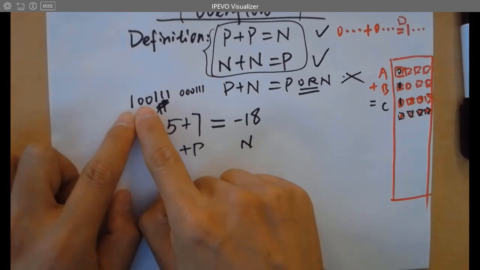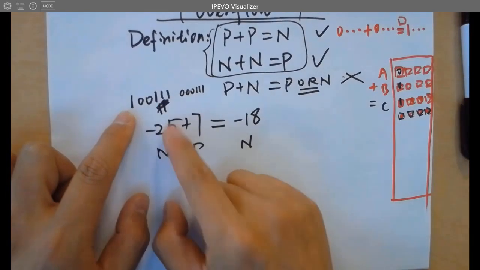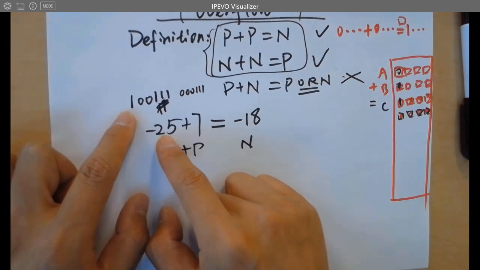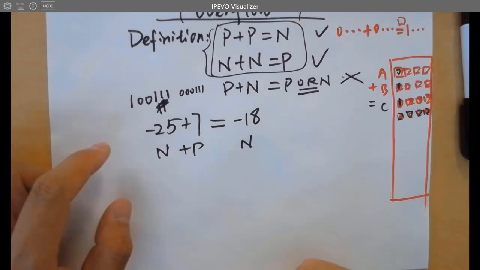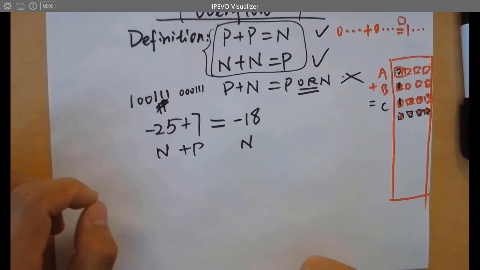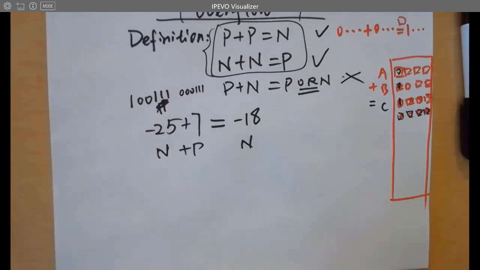I already have 6 bits, which is enough to represent minus 25, this magnitude, and I'm reducing the magnitude. Do I need more bits or not? No, 6 bits is good enough. So that's why when you have P plus N or N plus P, you are reducing the magnitude. You don't need more bits for that, since you already have that many bits in the operation.